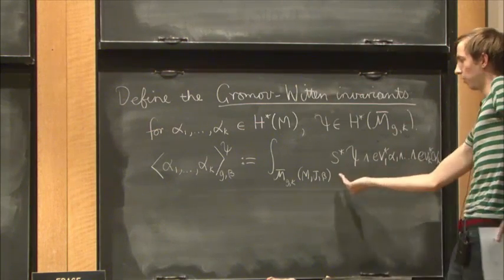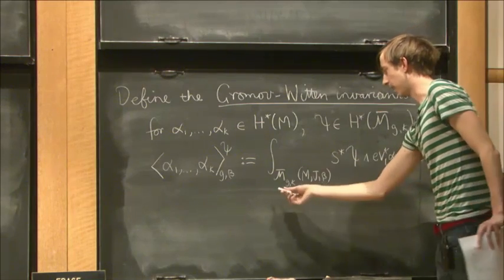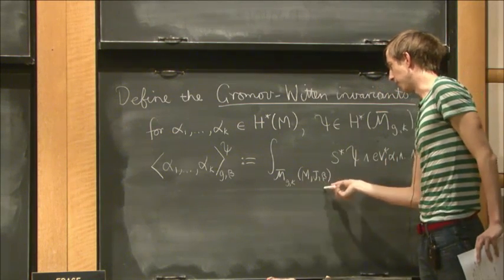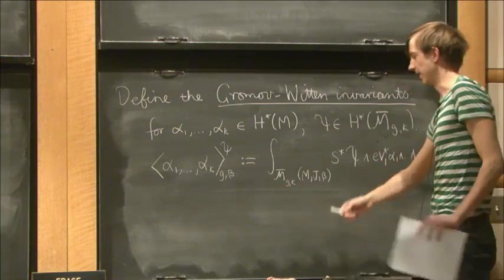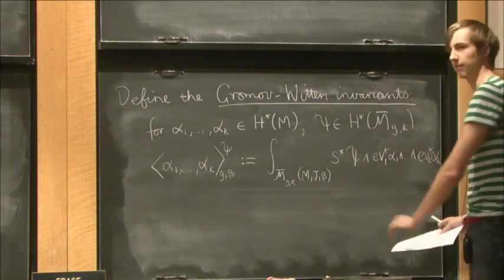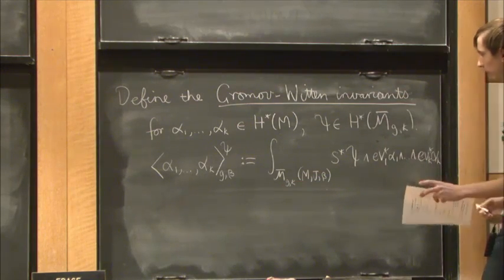We get some form on this moduli space, and we integrate it. Of course, this depends on having a nice structure on this manifold, and in general we don't. But this is the moral of what Gromov-Witten invariants are meant to be.